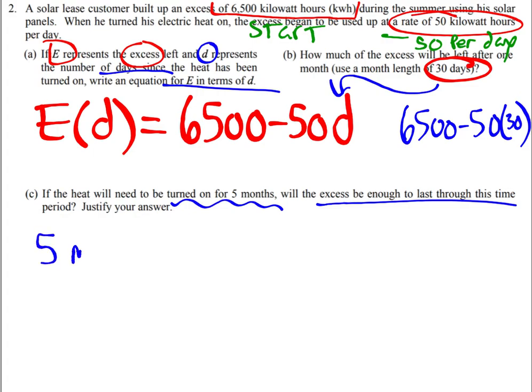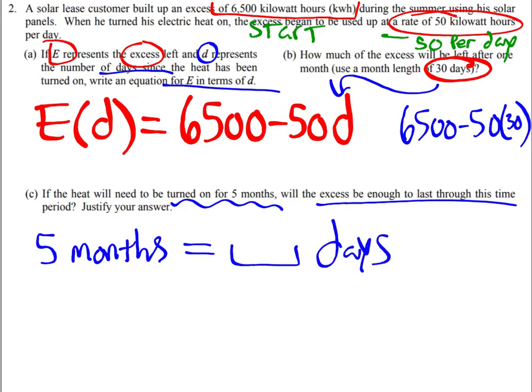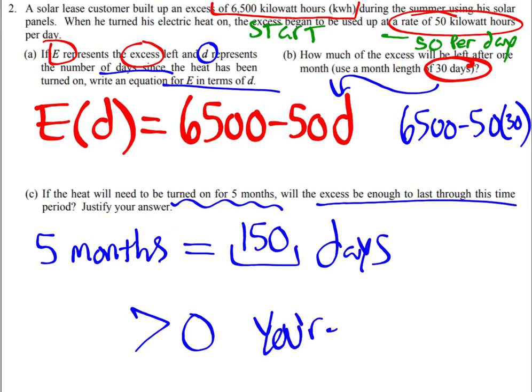You want to figure out 5 months is how many days, maybe take a nice average number like 30, should get like 150 days, and then you can plug that in, and if your answer is greater than 0, you're good. Okay? If not, we're going to need to find a little bit more room than what's there in that excess.